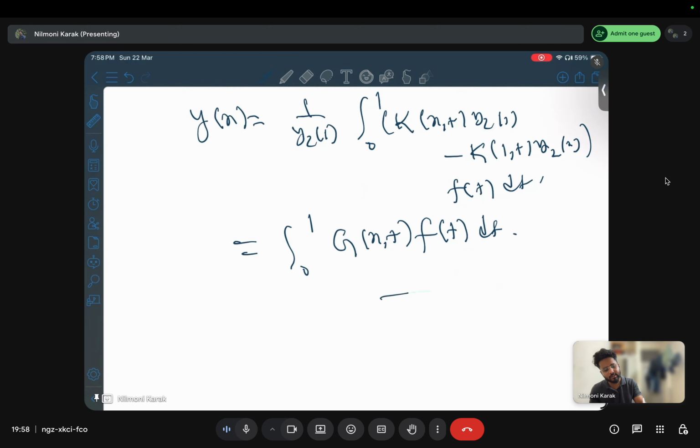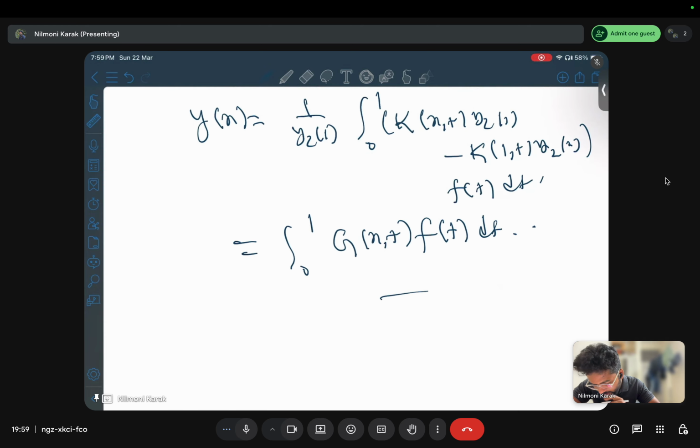Here g(x,t) is called the Green function for the boundary value problem. It is continuous, and the solution of the problem has been expressed as a Hilbert-Schmidt operator on L2[0,1]. Now one can study symmetry of the Green function and self-adjointness.